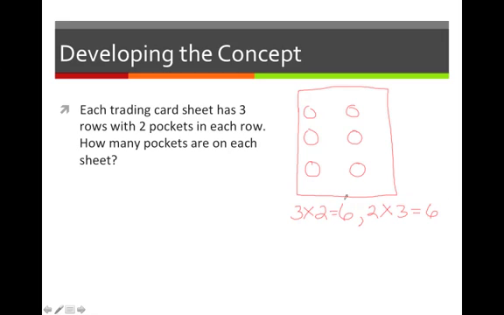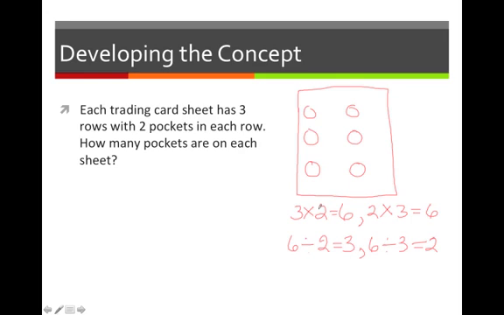Remember to start with the largest number and just work your way backwards. 6 divided by 2 equals 3. That's right. 6 divided by 2 equals 3. And the last one, 6 divided by 3 equals 2.